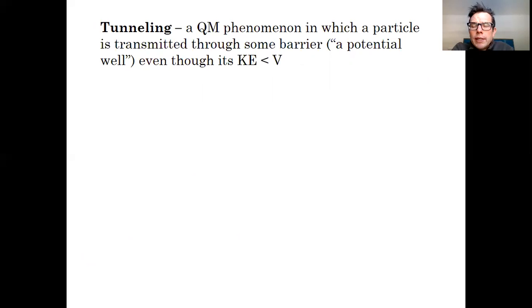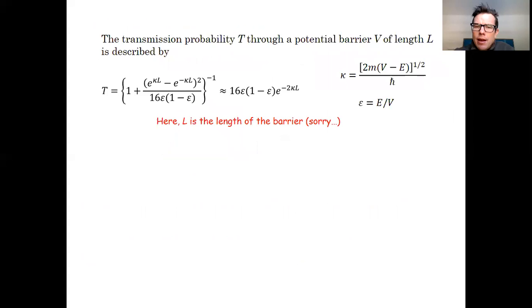And what we're ultimately interested in is the probability of this happening. I'm going to skip ahead and give you the final equation, which is right here. The transmission probability through a potential barrier V of some length L is described by this equation. Note in this, L is the length of the barrier, not the length of the box.